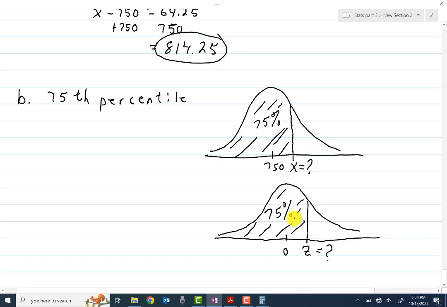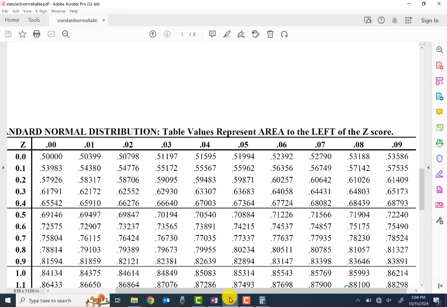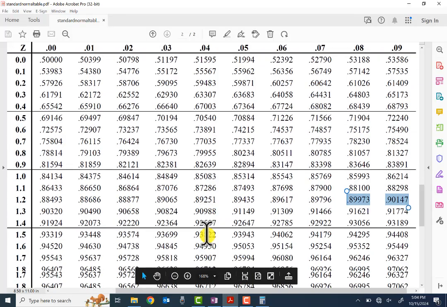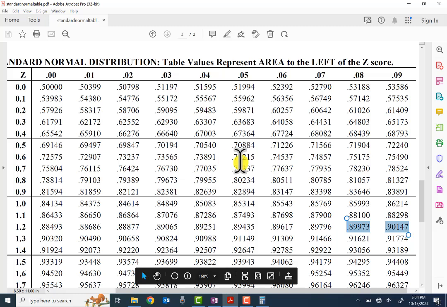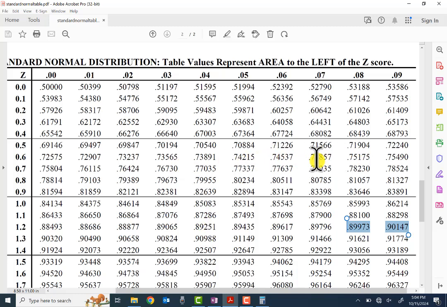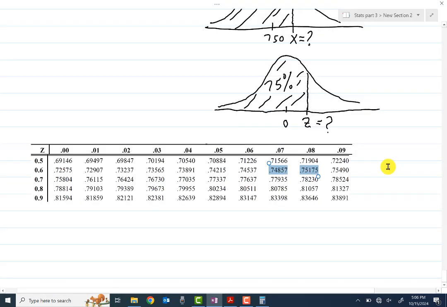So I'm going to go in the table, and you can tell that Z is going to be positive, but I'm going to try to find 0.75 somewhere in the interior of the table. So I need to be on the positive side. I see, here's our guys. I've encapsulated the two parts here.